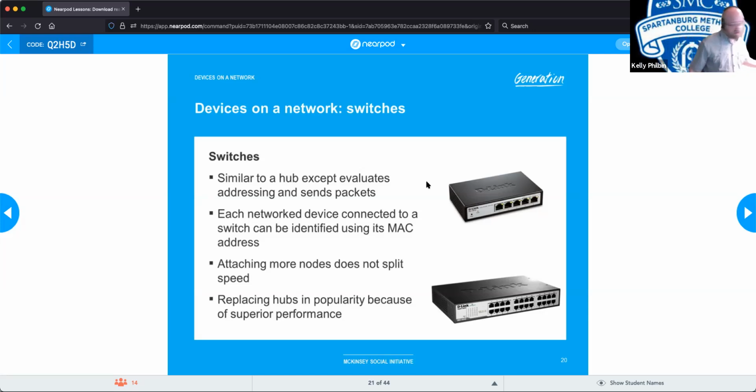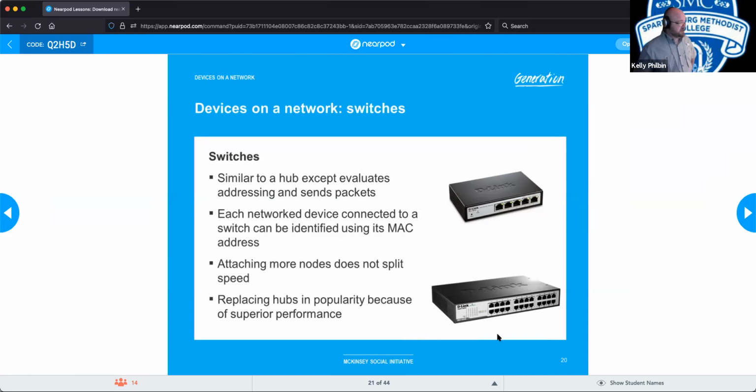When you get to the enterprise level, it's a much larger device down on the bottom. These are typically considered managed switches. So you can actually create what are called virtual LANs within a switch.